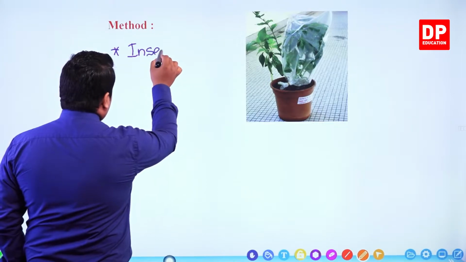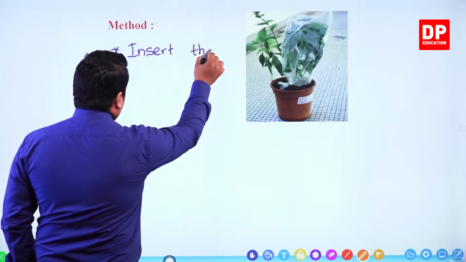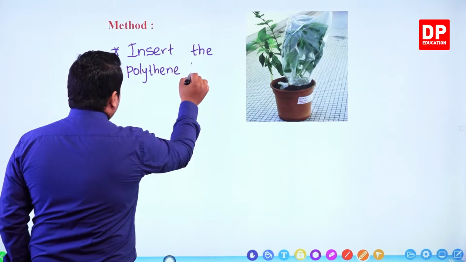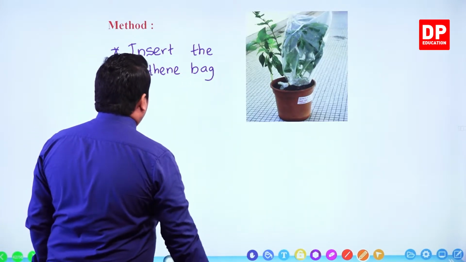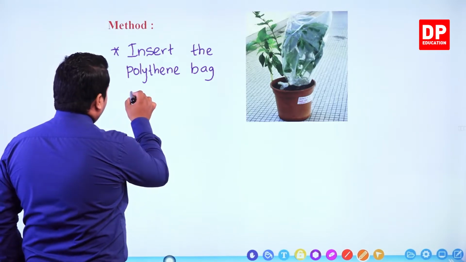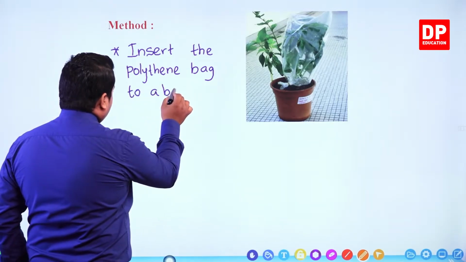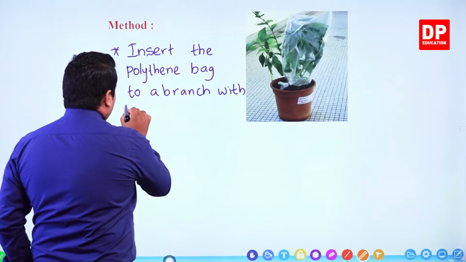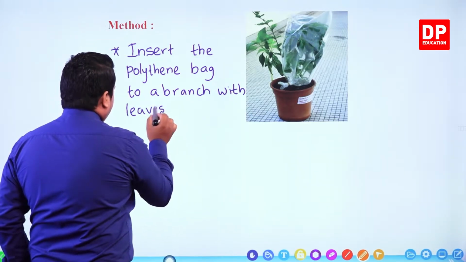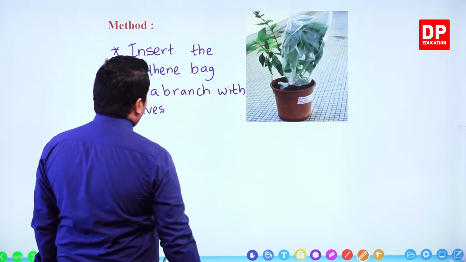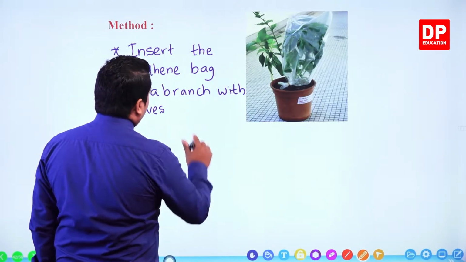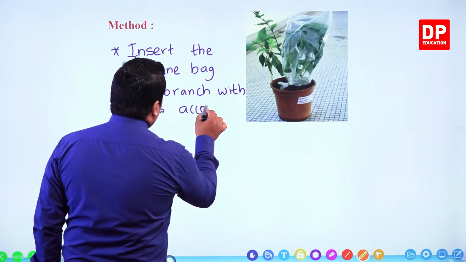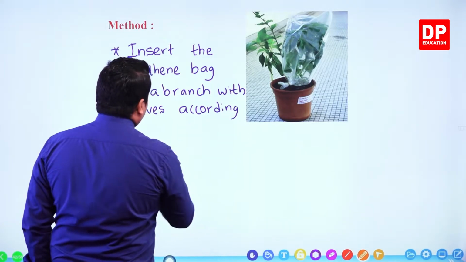Insert the polythene bag to a branch with leaves, according to the figure.